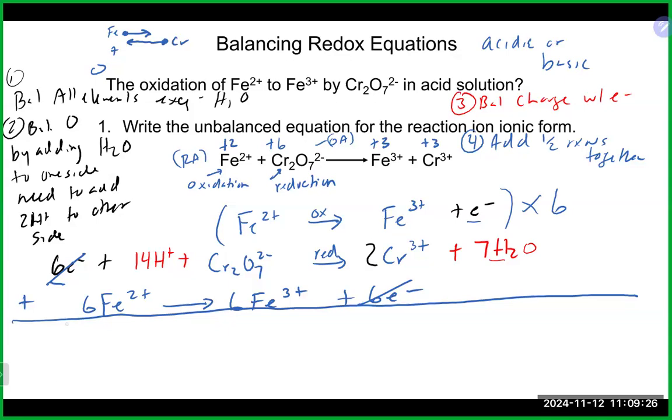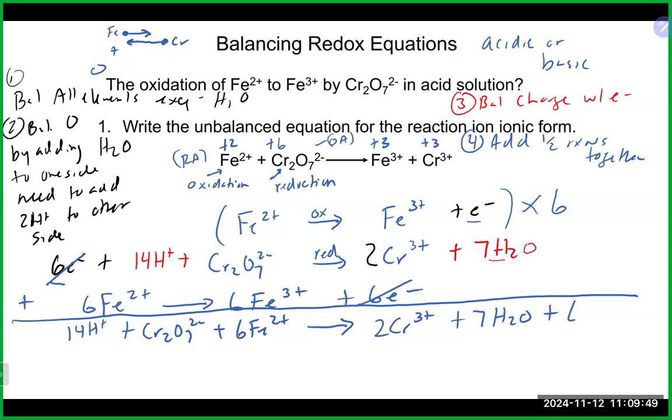That will give me 14 H+ plus Cr2O7 2- plus 6 Fe2+ going to, on the right-hand side, 2 Cr3+, 7 waters, and 6 of the Fe3+.